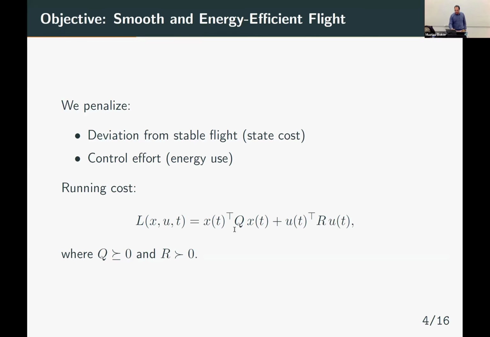Now, for this problem to be solvable and to guarantee controllability and stability, this matrix R needs to be positive definite. R needs to be positive definite, and Q needs to be positive semi-definite.